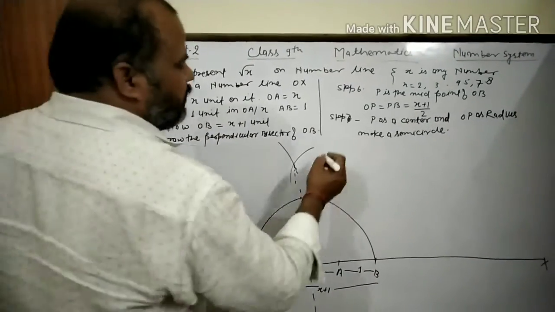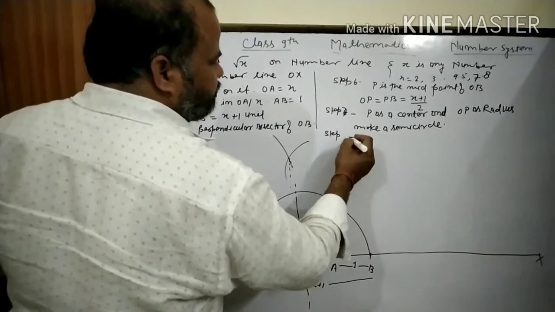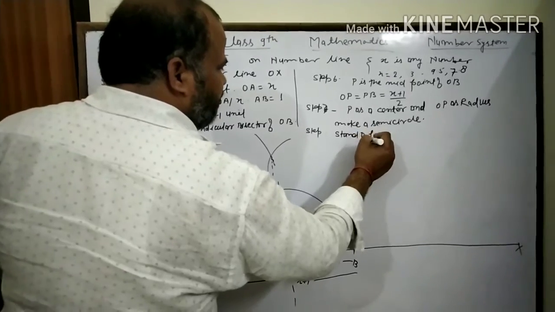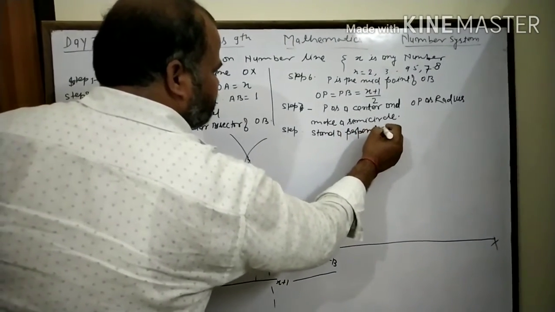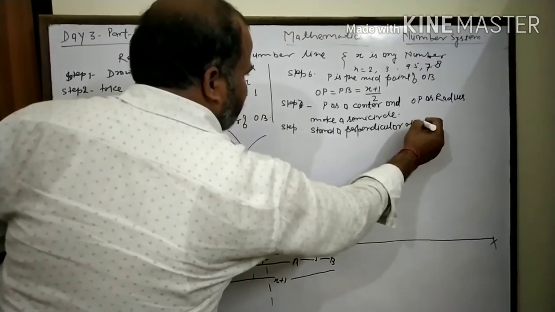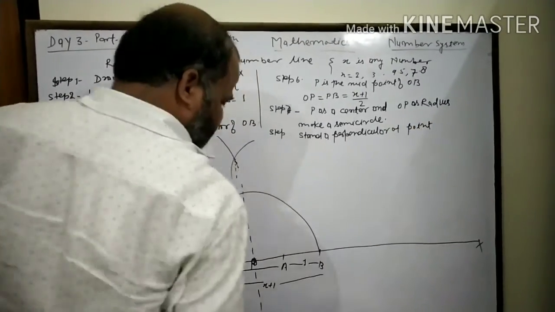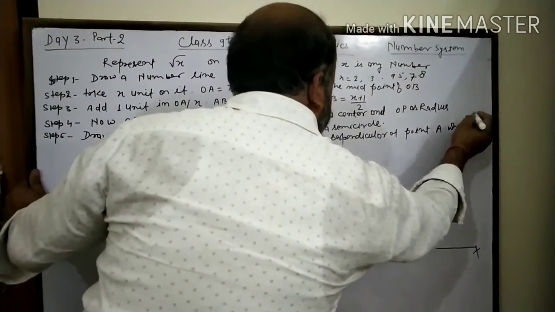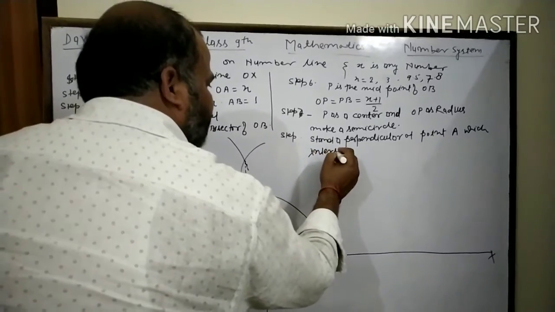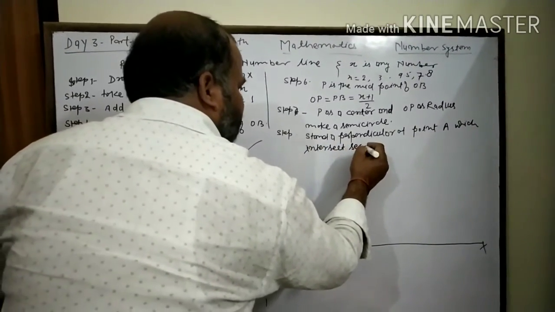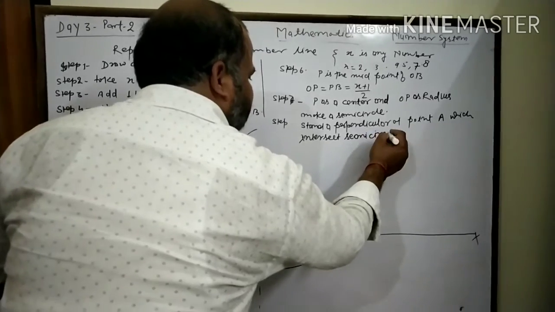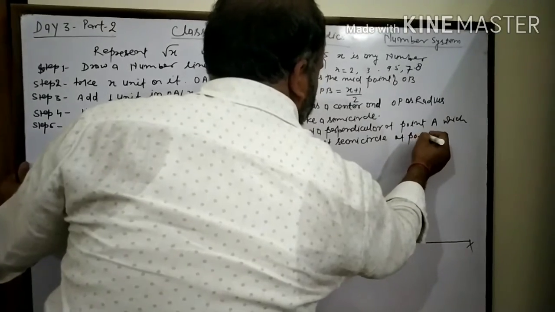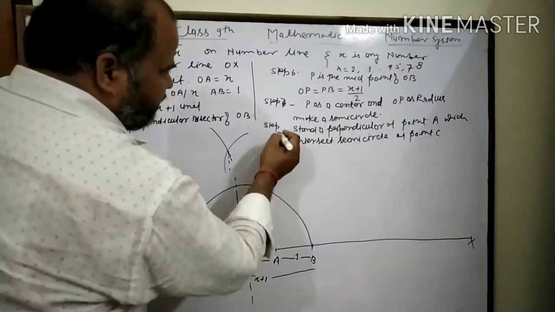Clear? And step 8. Stand a perpendicular at point A, which intersects the semicircle at point C. Then in this step what we can do?